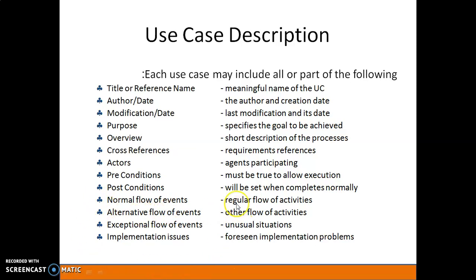Normal flow of events is the regular flow of activities. Alternative flow of events is whatever other activities can be done. Exceptional flow of events covers unusual situations. Implementation issues are the implementation problems that can be faced.